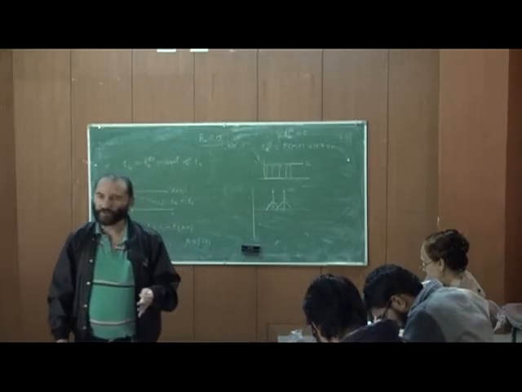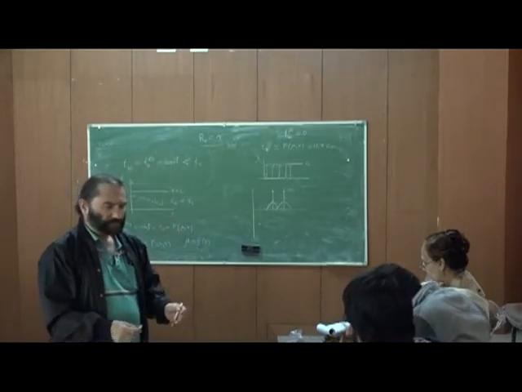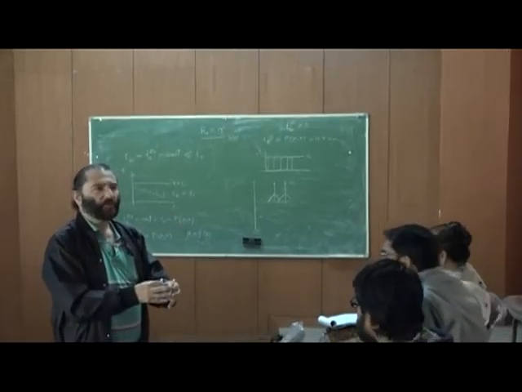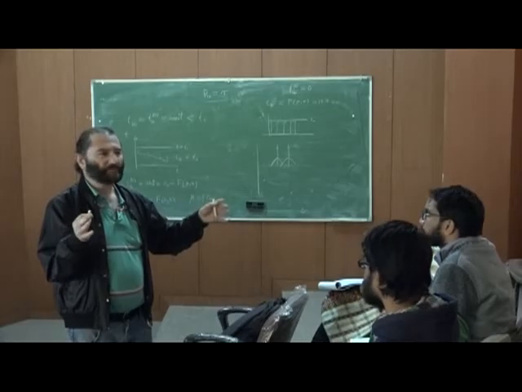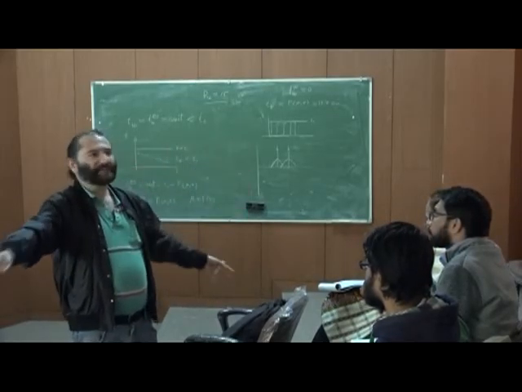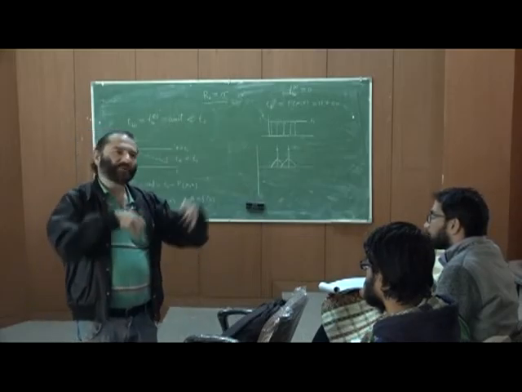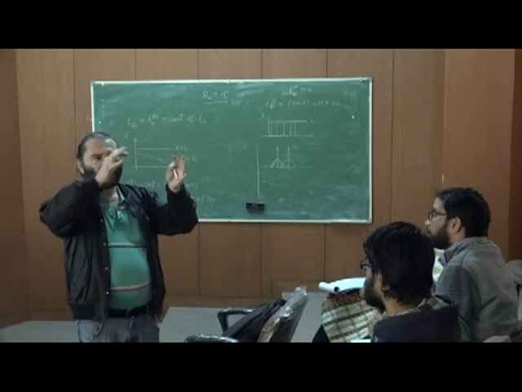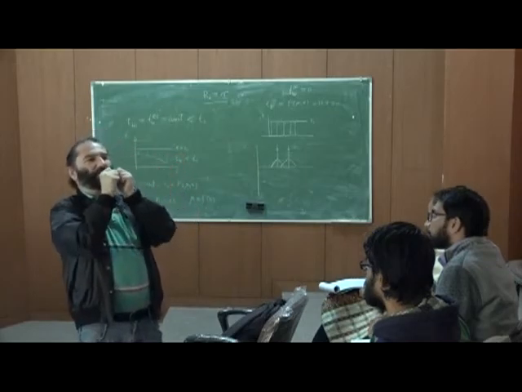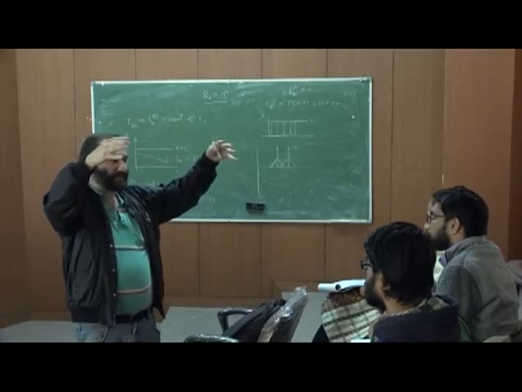Then there is another issue, inflation. You know, inflation is a process with extremely fast expansion, and extremely fast expansion really isotropizes and homogenizes. It's like if you have a rugged balloon, and suddenly you inflate, what happens with all this ruggedness?